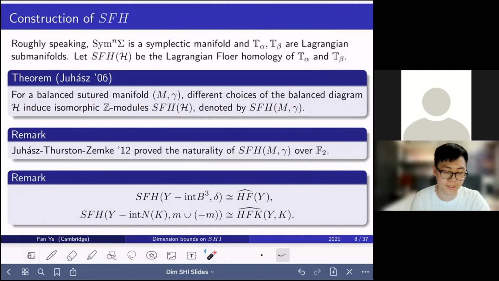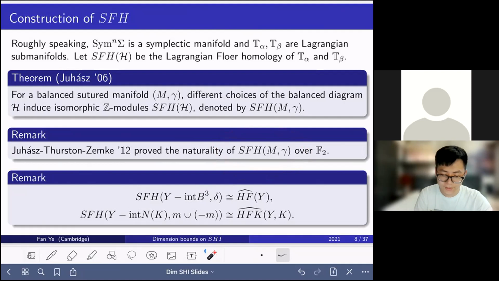So we will not use the naturality; we just mention it, because everything we consider is about the rank, or dimension, so the isomorphism class is enough.